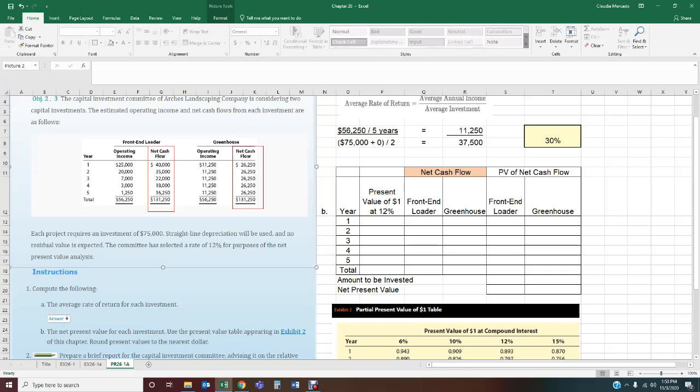So what I'm going to do is enter my cash flows in these two columns. So I'm just going to copy and paste this information over here. So I've got 40,000 for my loader, 35,000, 22,000, 18,000, and 16,250. And then for my greenhouse, I've got 26,250, and that's the same amount for every year.